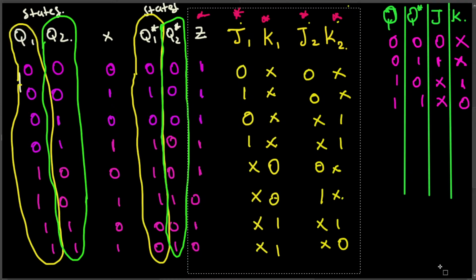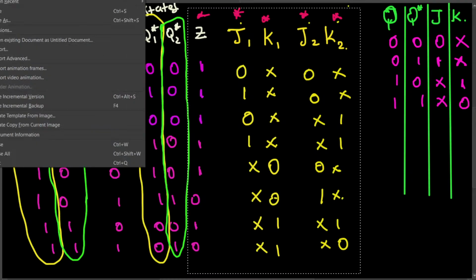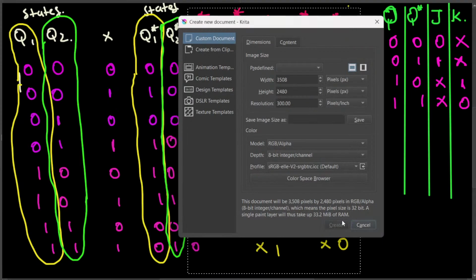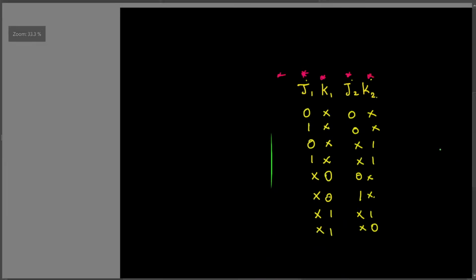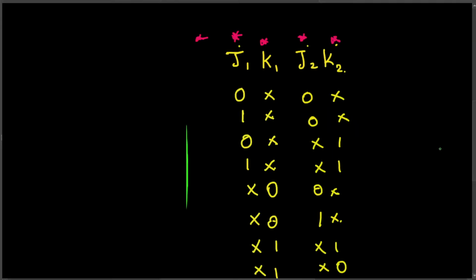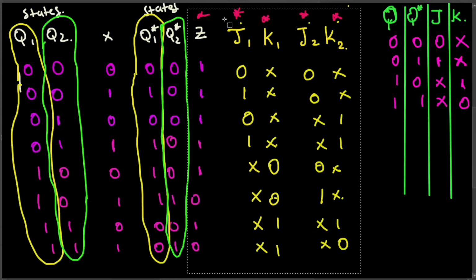Control C. Now let's go. Copy paste. Oh, the Z is not here. Let me do it again. Why is it missing?